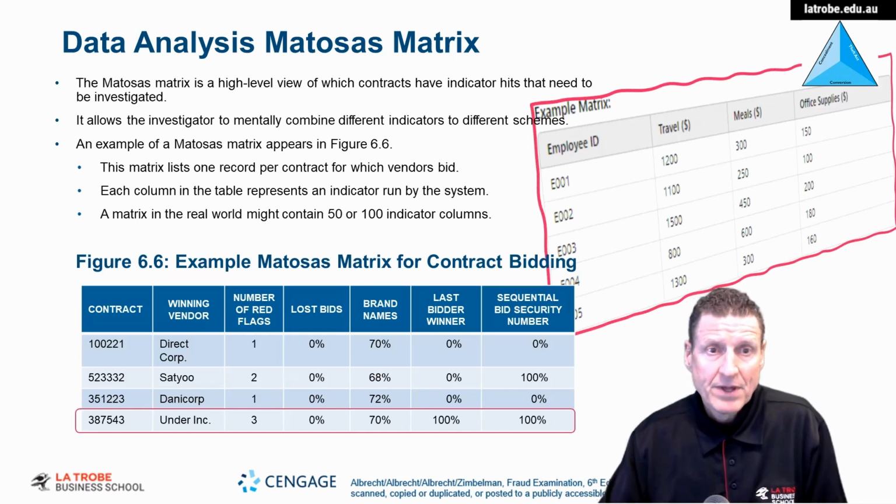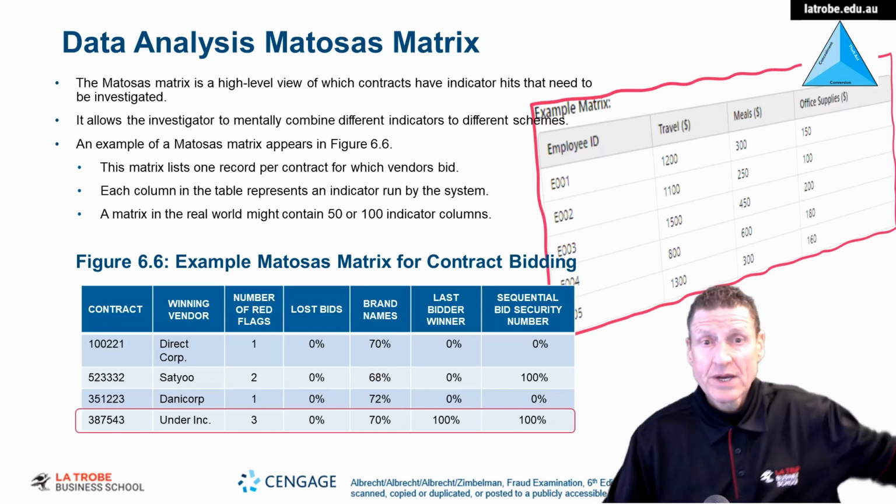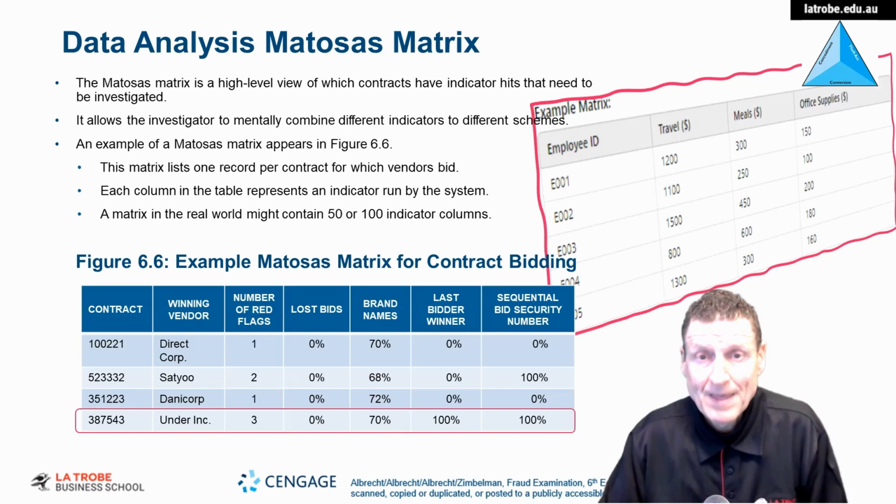Here we have 4 contracts, 4 winning vendors, and notice that 2 of them have won, but the other 2 have lost each time. And maybe they have the same likelihood of winning based on some attribute, but in the end, they didn't win.